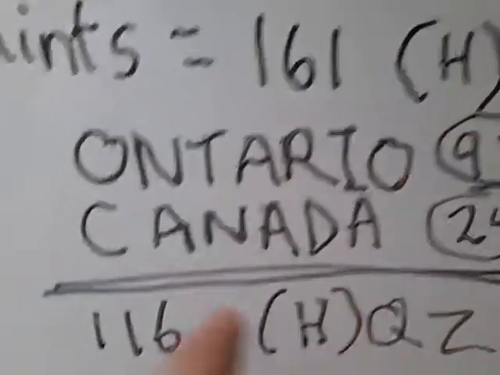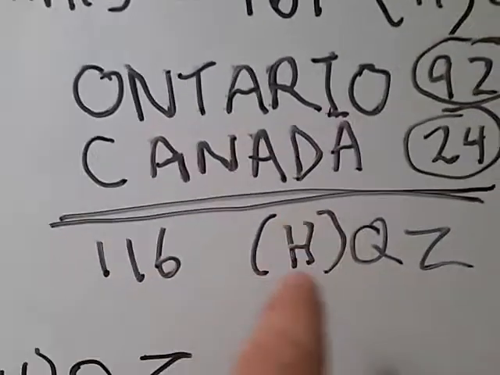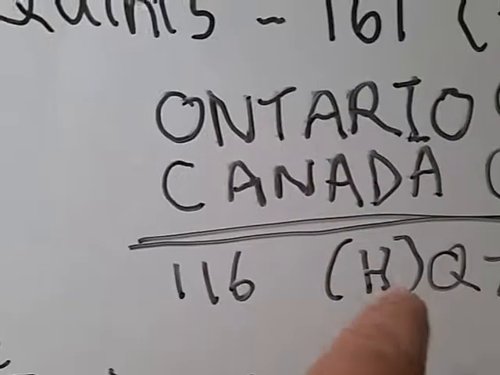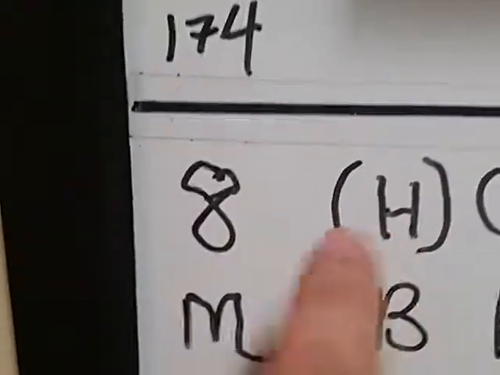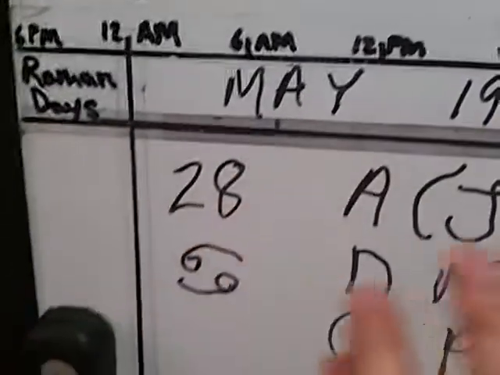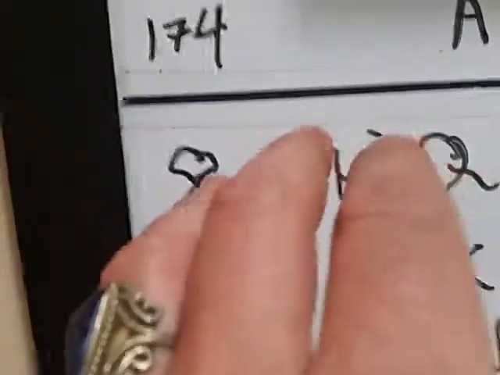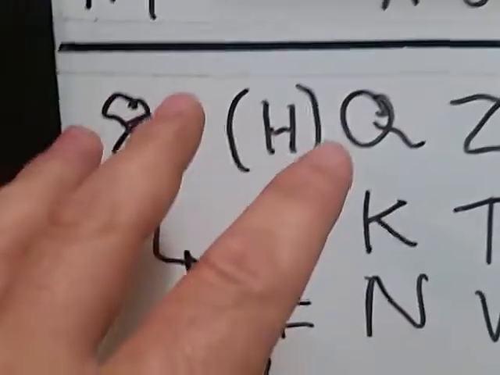We add that together, we get 116. 1 plus 1 plus 6, again, is 8, which is H. So we see Ontario, Canada, right? We see Corbeil, Ontario, Canada. You see how the material web is tying to the spiritual web.